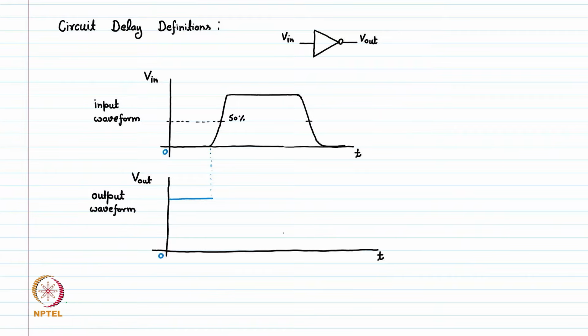So let's mark these regions. These are the time instances when the input is changing its state.